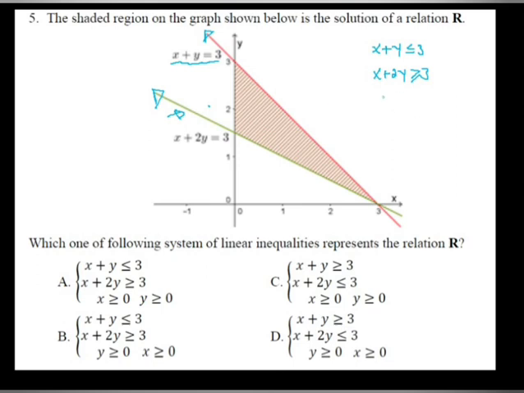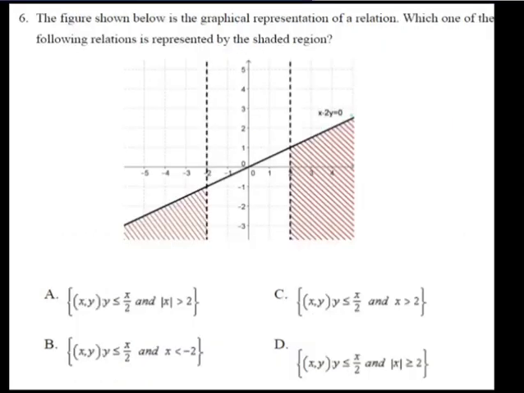The other thing, x greater than or equals to 0 and y greater than or equals to 0 are the region on the first quadrant. so የሪሌሽናችን equation I mean inequality ይሄ ነው የሚሆነው ማለት ነው። so this is found in choice A so choice A clearly describes the shaded region.